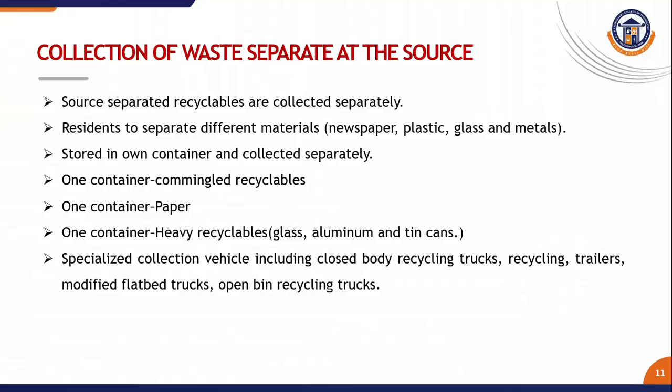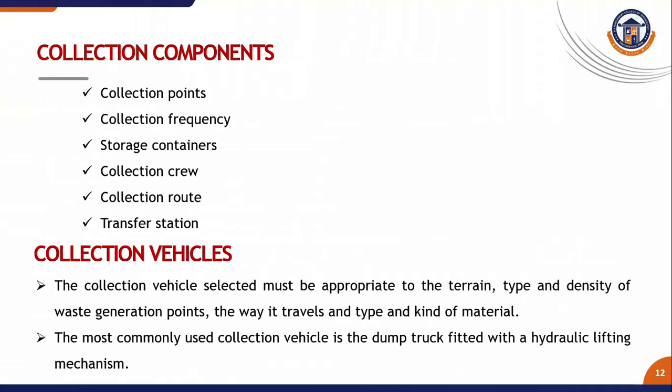Specialized collection vehicles include closed body recycling trucks, recycling trailers, modified flatbed trucks, and open bin recycling trucks. Collection components: collection points, collection frequency, storage containers, collection crew, collection route, transfer stations.